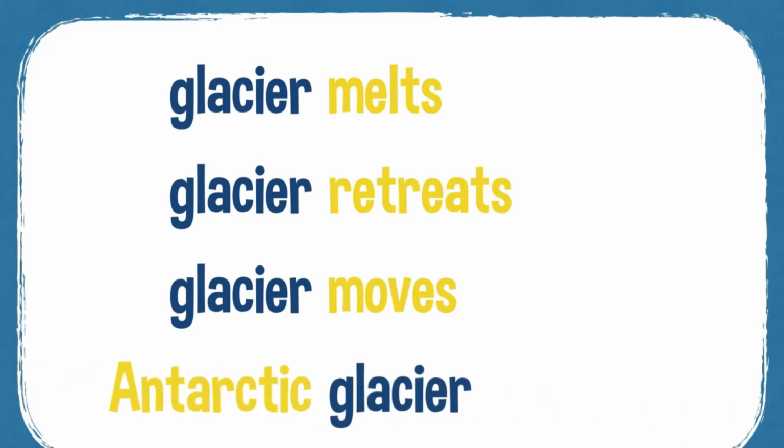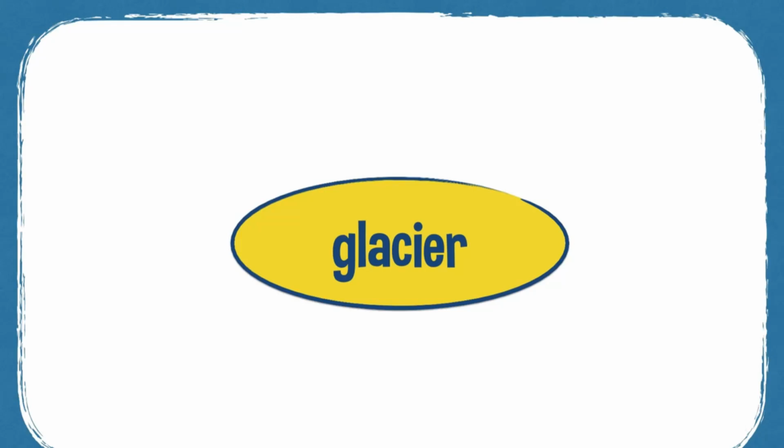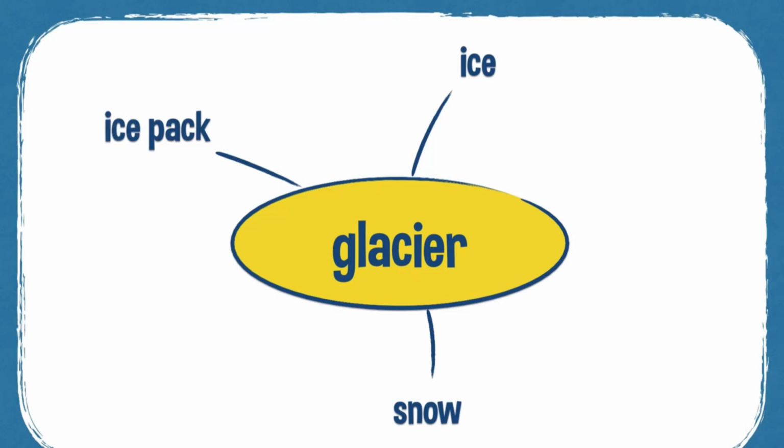And Antarctic glaciers, so you have glaciers in the Antarctic, so we talk about an Antarctic glacier. Some synonyms for glacier: ice and snow. Not quite the same thing. Ice pack is closer. Of course, reading questions in exam papers may well test your knowledge of the word glacier by using words like ice pack.